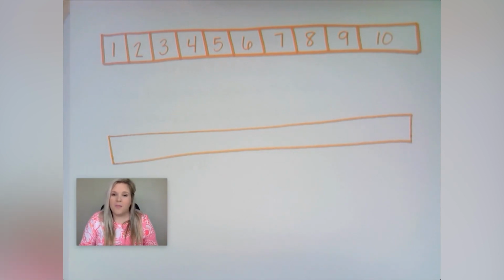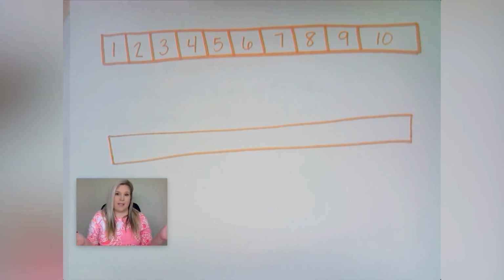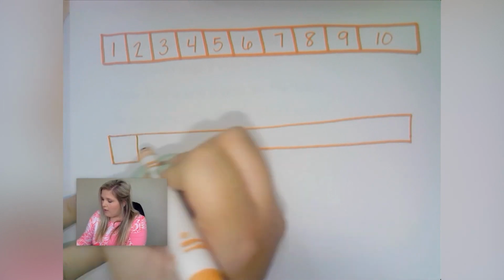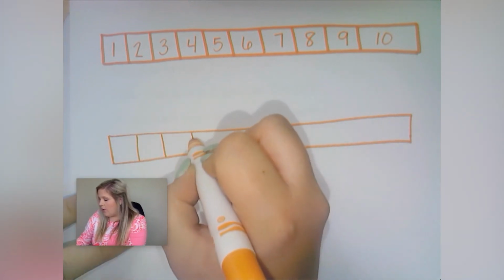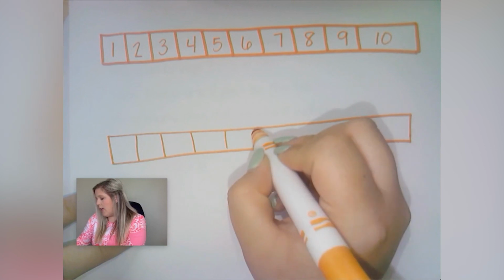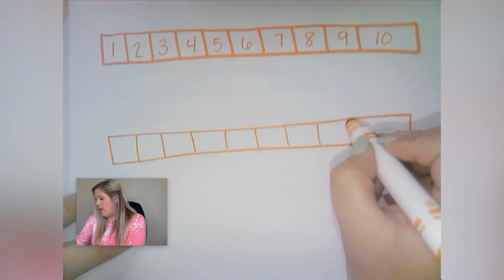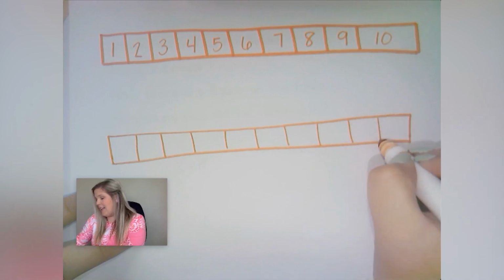Great job. Next, we will go and add our 9 vertical lines to create our 10 spaces, like this. 1, 2, 3, 4, 5, 6, 7, 8, 9.